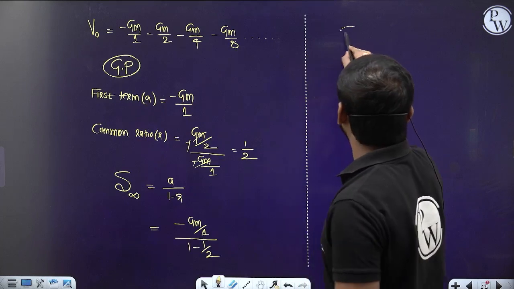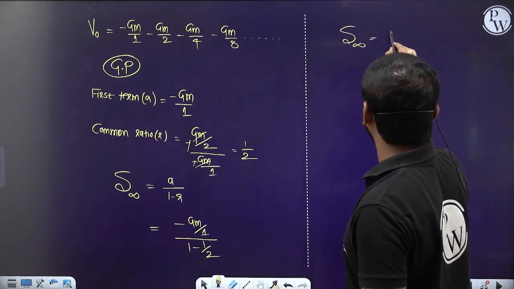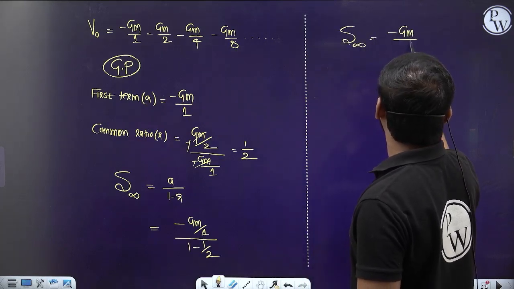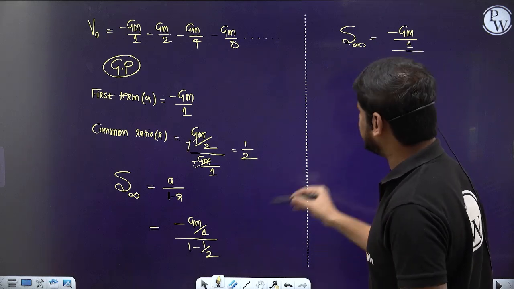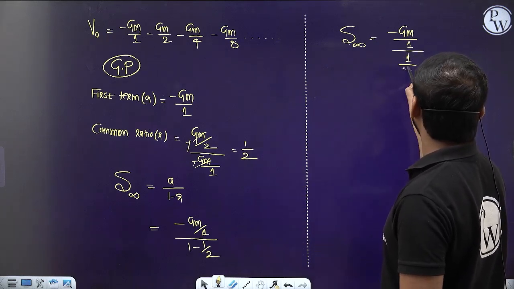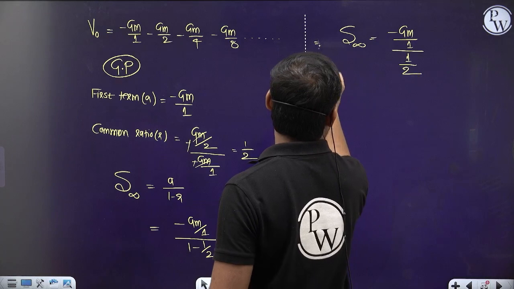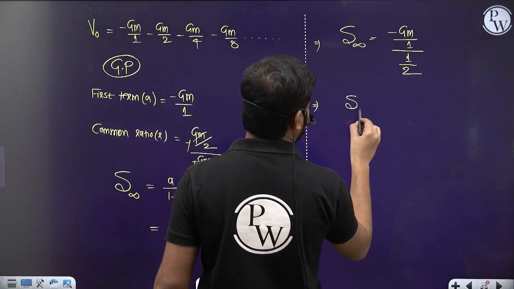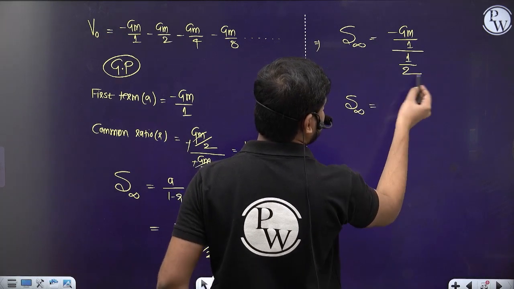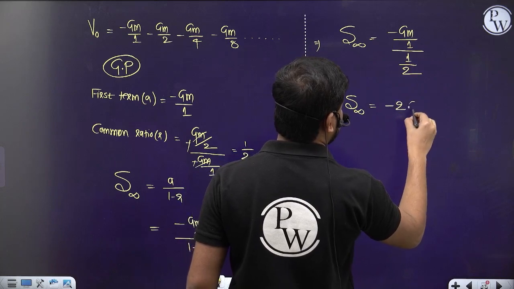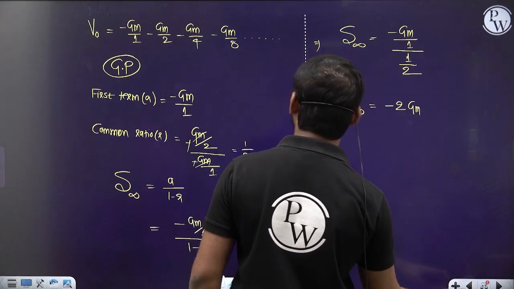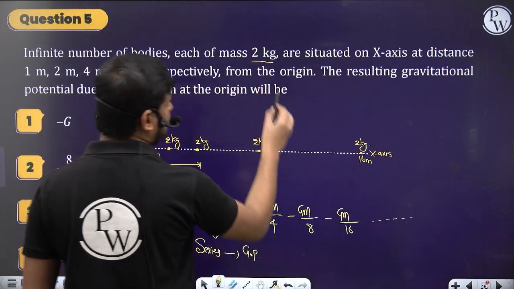So S infinity is equal to minus Gm by 1 whole by 1 minus 1 by 2, which is 1 by 2. From here, S infinity is equal to, this 2 will go up, minus 2Gm. The mass value they gave in the question is 2 kg.